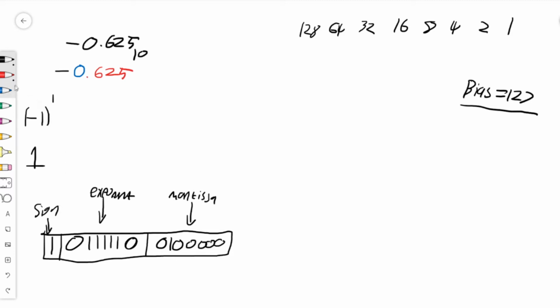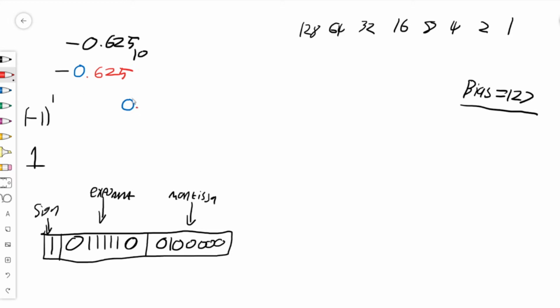Let's calculate the rest. The next course of action is to look at the rest of our number as two separate parts. First of all, we have what is to the left of the decimal point, and then we have what is to the right of the decimal point. We're now going to convert both of these into binary. So to the left of our decimal point is 0, because 0 in binary is 0.